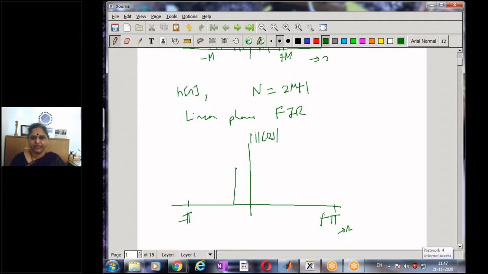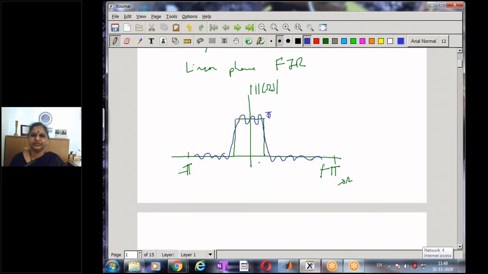And say I have my required filter response, and when I design the filter, I get my designed filter in this manner. And there is an overshoot.